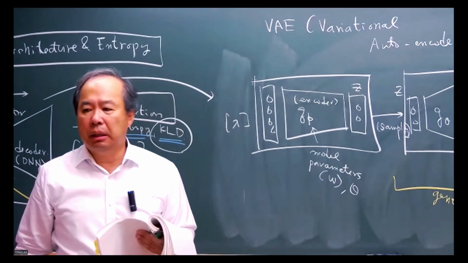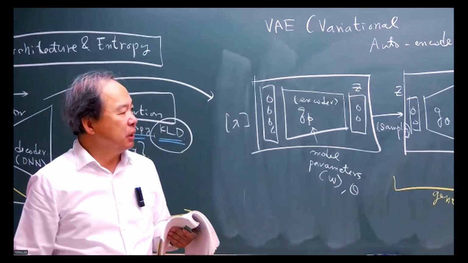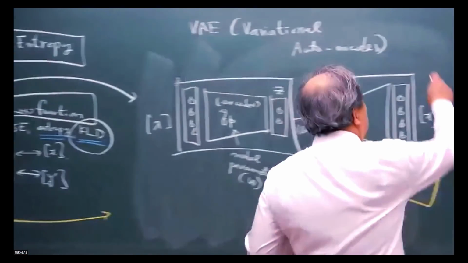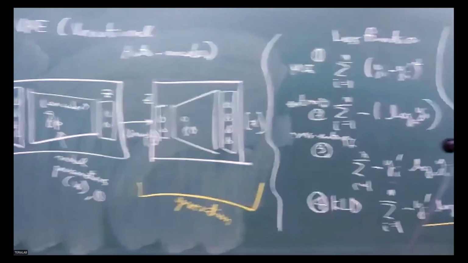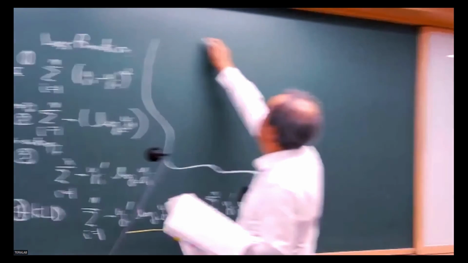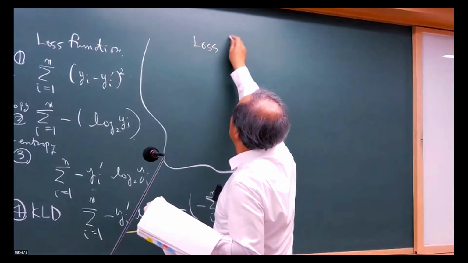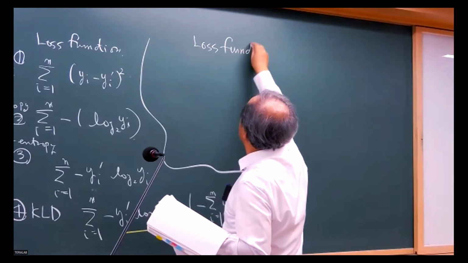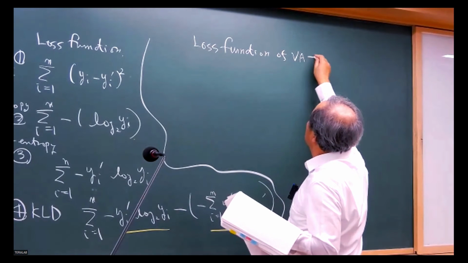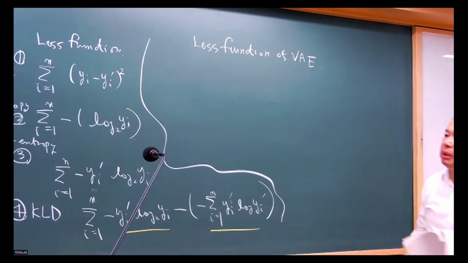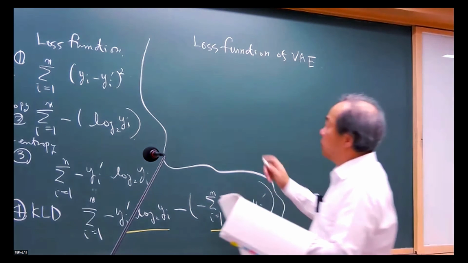Now, at this final moment of the class, I would like to give you a mathematical description of the loss function. What's going to be the form of the loss function of the variational autoencoder?